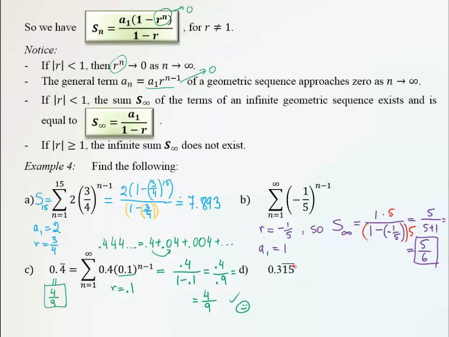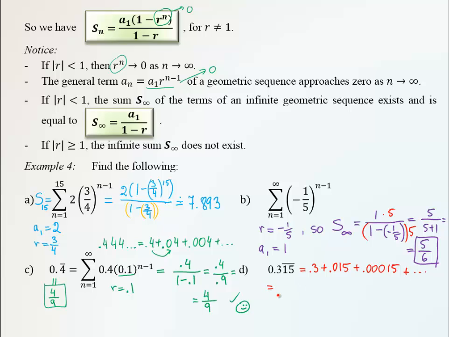This time the repeated sequence is just 1, 5. We have to skip the 3. So how can we see this as a series? It will be 0.3 plus 0.015 plus 0.00015 and so on.